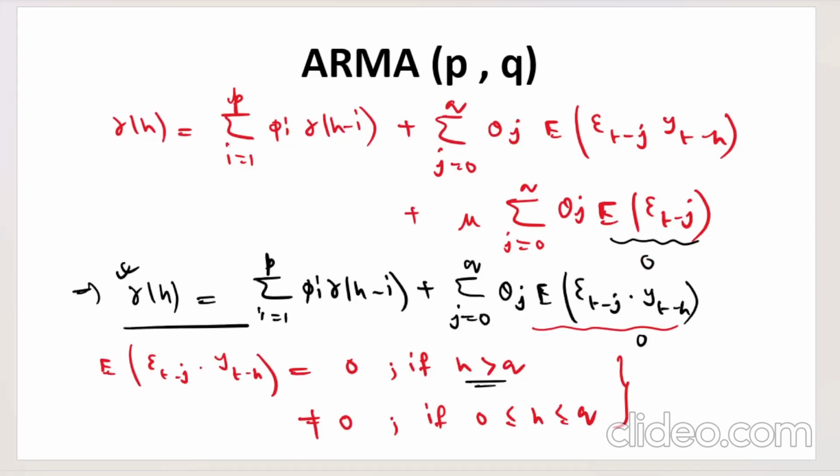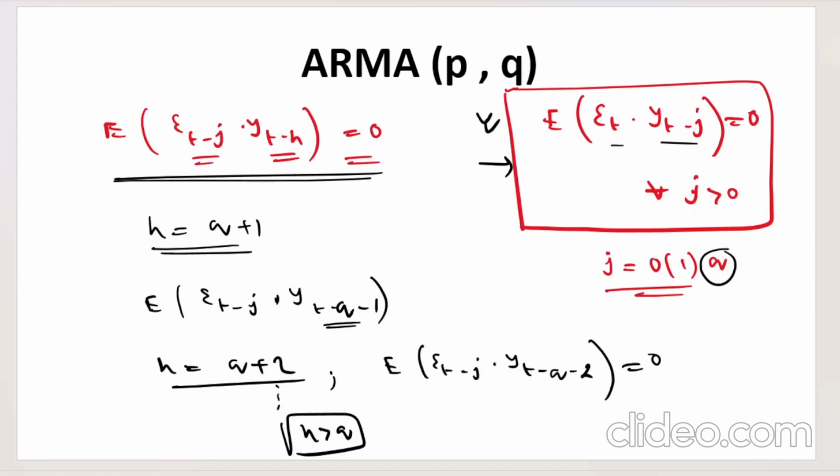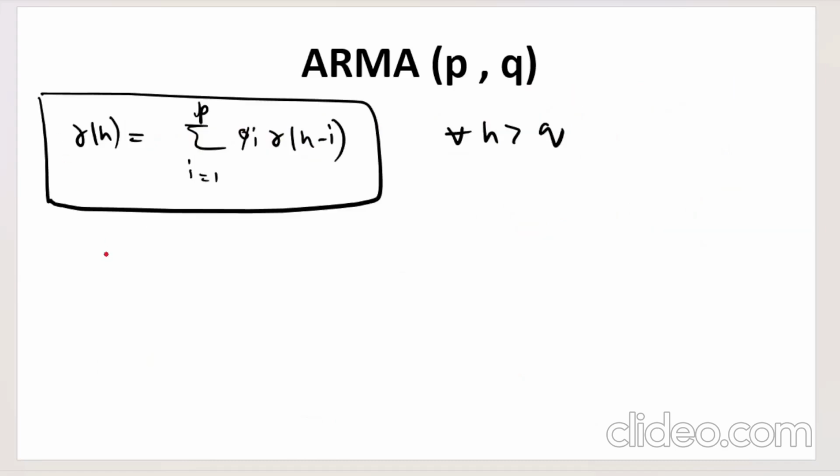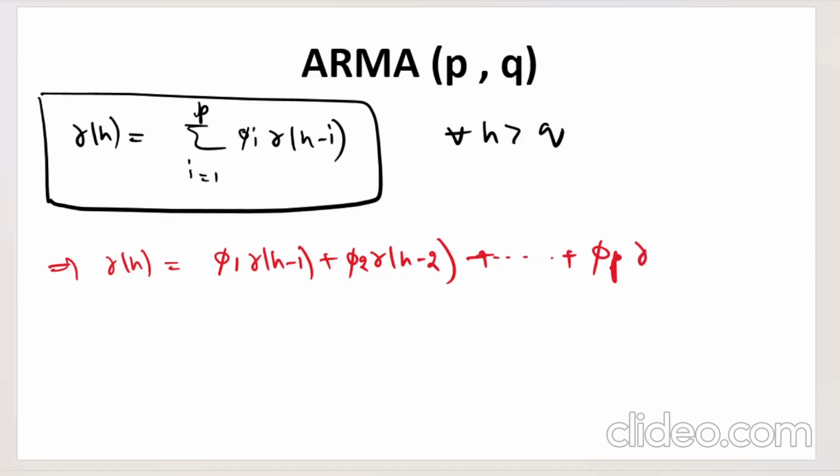So we simply write this portion, since the other term is 0. This is phi 1 gamma h minus 1 plus phi 2 gamma h minus 2, and if you continue in this way, up to phi p gamma h minus p, for all h greater than q.